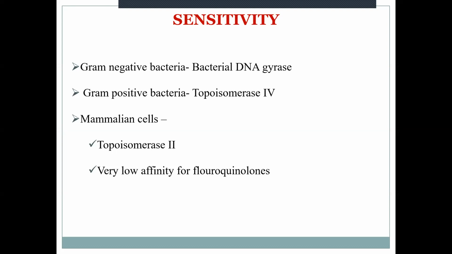In humans, it is not the case; they have very low affinity for topoisomerase 2. Both these reasons make the drugs safe in humans, whereas they are bactericidal or highly toxic to bacteria.